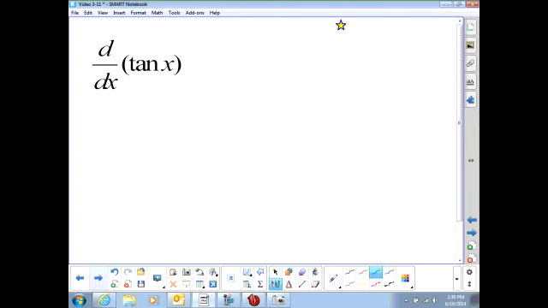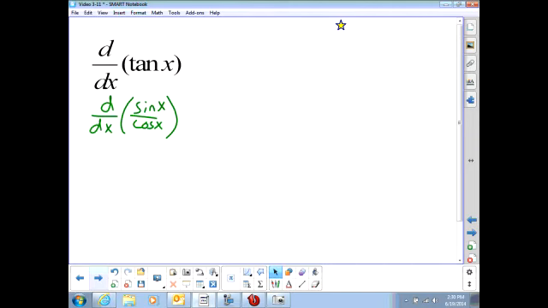Now let's see if we can find the derivative of tan x. Well, this should be a little bit easier than the sine x and cos x ones, because we know tan x is really just sine x over cos x. So rather than doing it with the definition of a derivative with limits, we can just use the quotient rule. So we'll do low d high minus high d low all over low low.